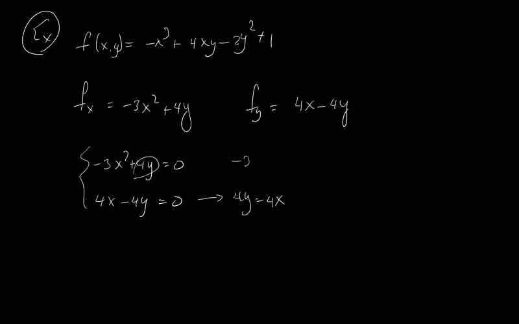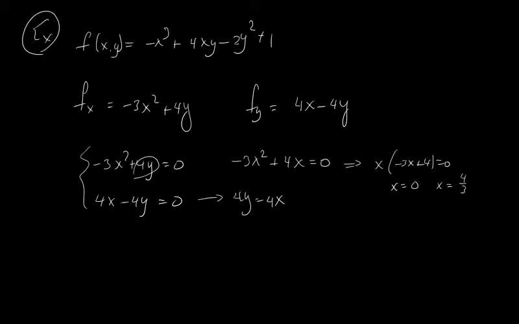So negative 3x squared plus 4x is equal to 0. That implies x times (negative 3x plus 4) is equal to 0, which means x is equal to 0, or x is equal to 4/3.